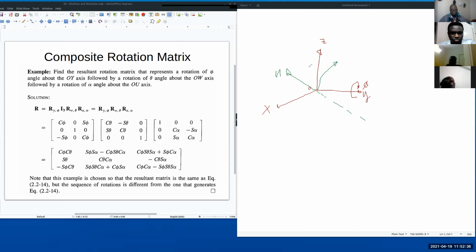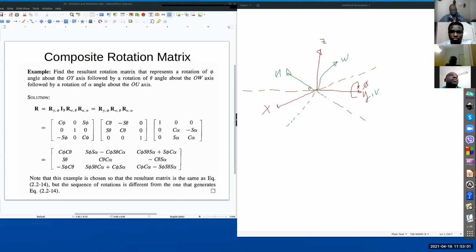The V will remain here, and the W will be here, with its negative axis there. So that's the convention. When you rotate, the new axes become U, V, and W.